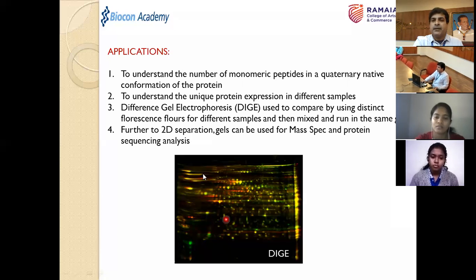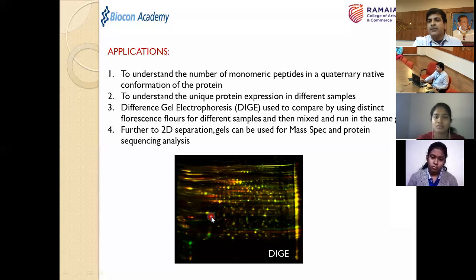You mix them and load them on the gel and run it. When you see here, the colors are mixed now. Wherever the red color is there, those are the proteins expressed in both control and sample. The yellow colored ones are coming from the sample, and the green colored ones are coming from the control, whatever it is.